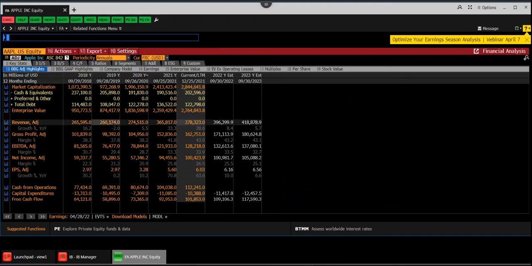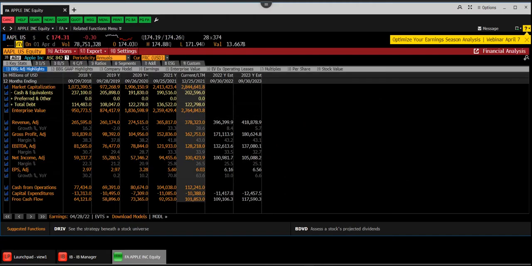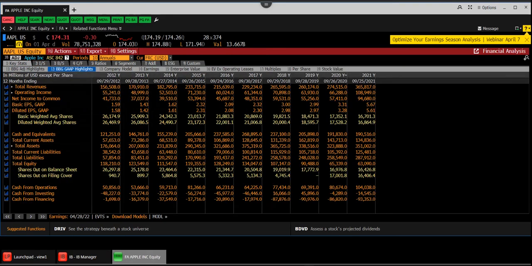Once you plug in that command, you're going to get this FA page, and it shows you the adjusted highlights, the key stats. It shows things like EPS adjusted, EBITDA, revenue. If we go to GAAP highlights, it's going to show all the GAAP numbers.